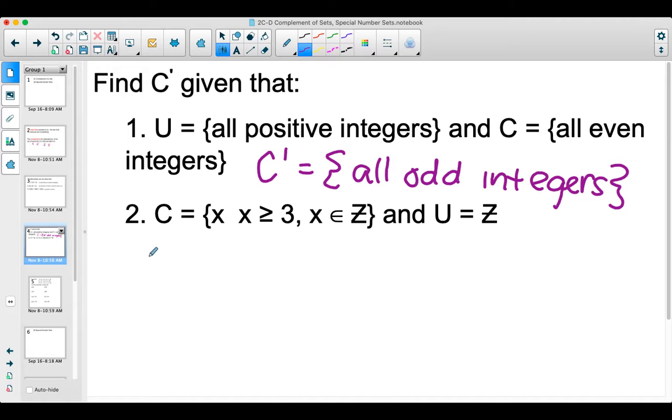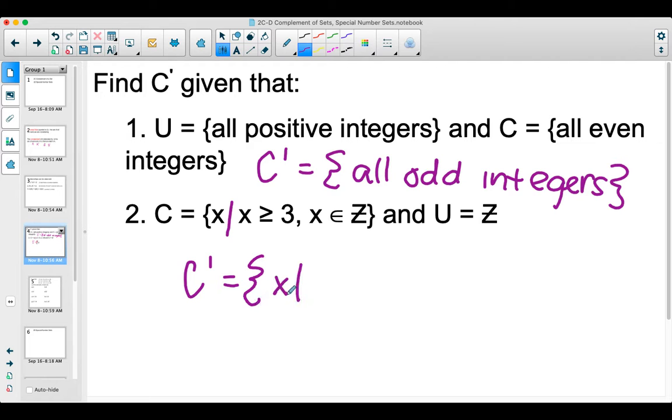Then our next one, it says C is, and this is set builder notation, X such that X is greater than or equal to 3, and X is an element of the integers. And it's telling us the universal set is all integers, which means that C prime is going to be the opposite of that.